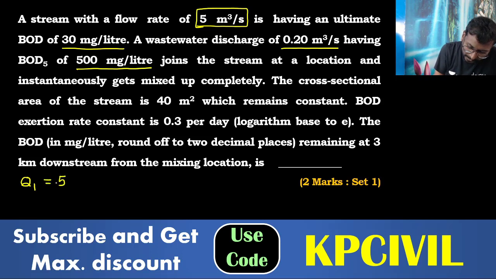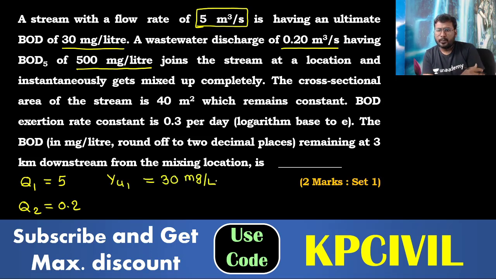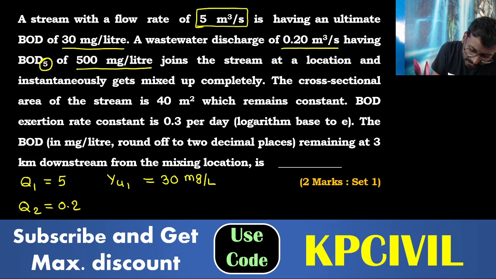Q1 5, Q2 0.2. Ultimate BOD of Q1, Y_u1, 30. The wastewater discharge of 0.2 has BOD5 of 500. So it is BOD5, it is not ultimate BOD. So Y5 of the second stream is 500.